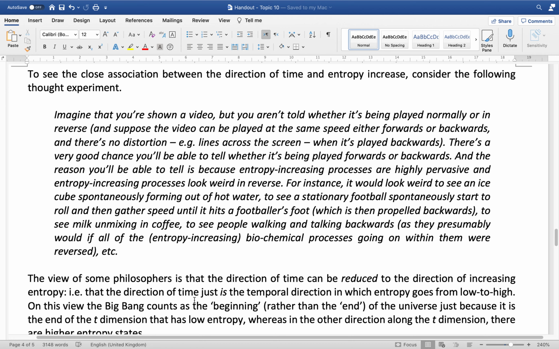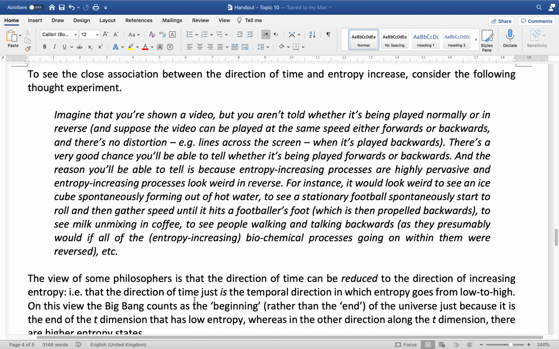So, most of the processes that are required to sustain you and for you to act and maybe for you to think, right? So processes like the passage of neurotransmitters across synapses, these are entropy increasing processes.